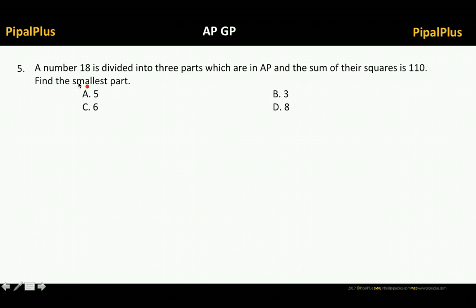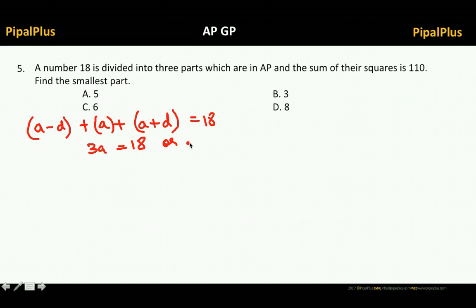So if all of these 3 numbers are in an arithmetic progression, right? Let's say these 3 numbers are A minus D, A, and A plus D. Now we know that their sum equals 18. So when we simplify, we get 3A equals 18, or A equals 18 by 3, 6.